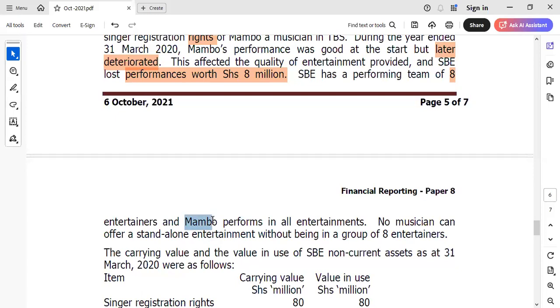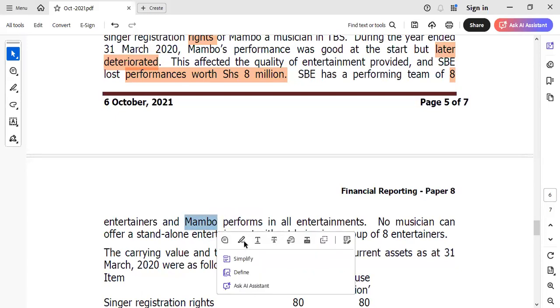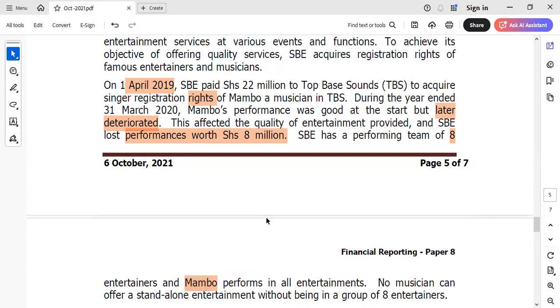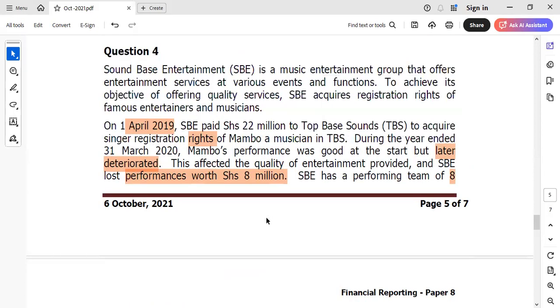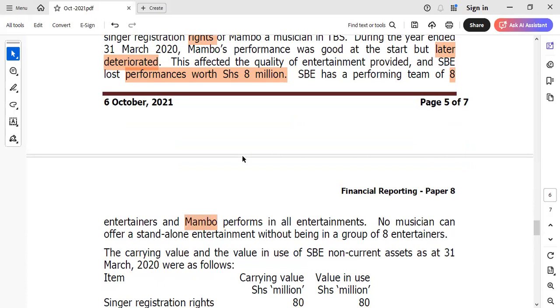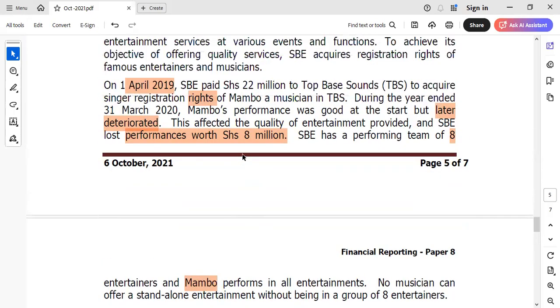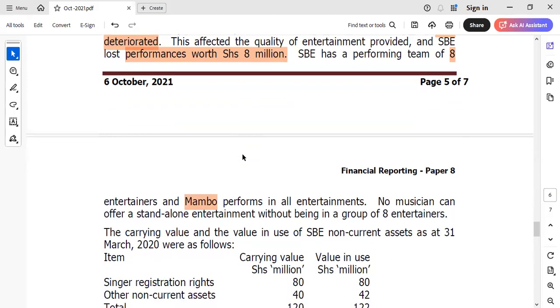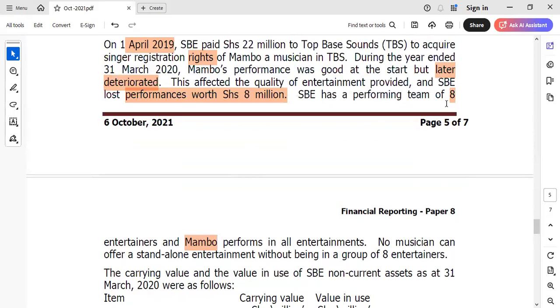Mambo is one of the singers or performers. Okay. He's also one of the entertainers. Remember, we have 8.